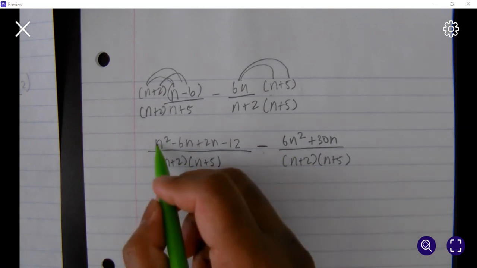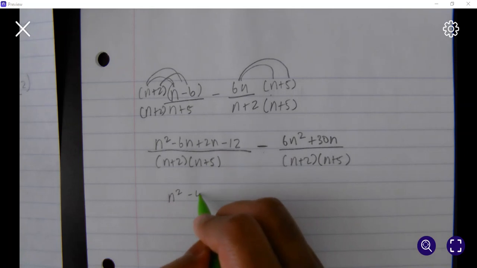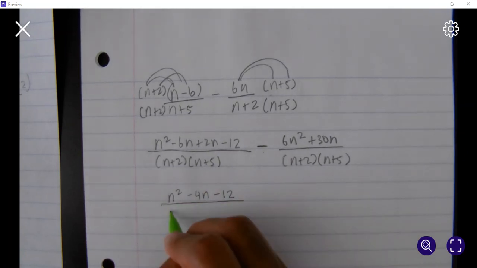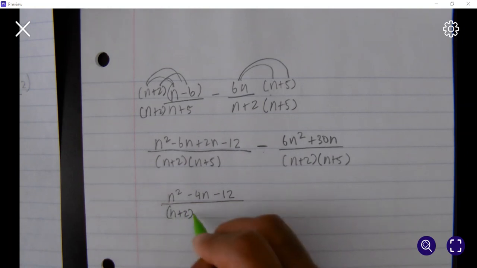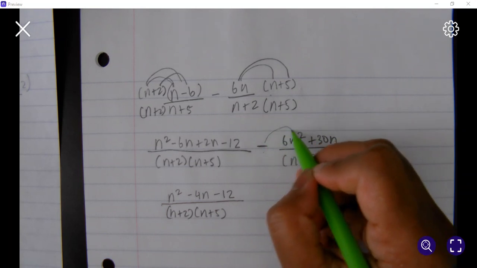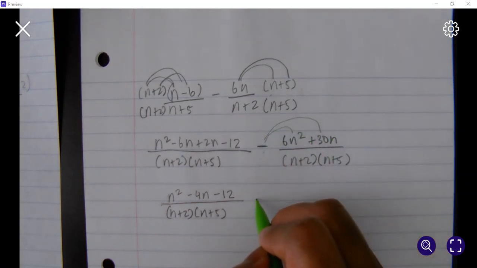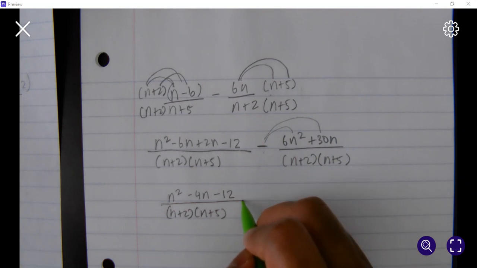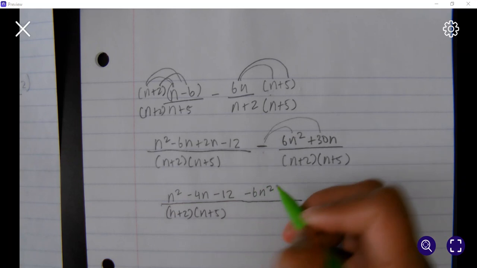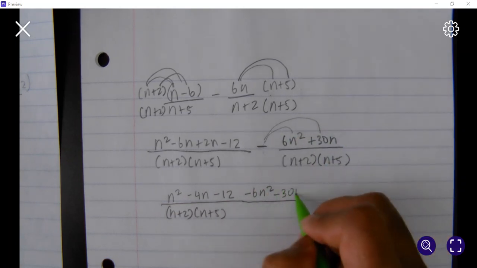So I'm going to bring this down and combine my like terms. And then again, I need to distribute this negative. So you have negative 6n squared, and then negative 30n.